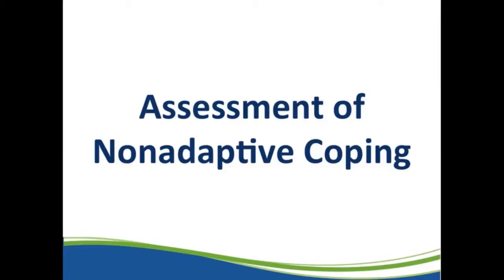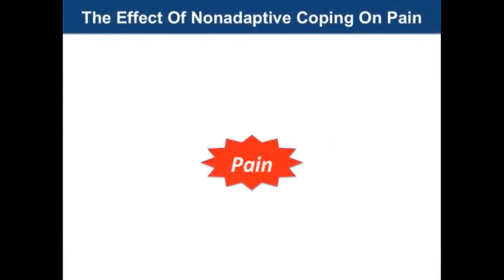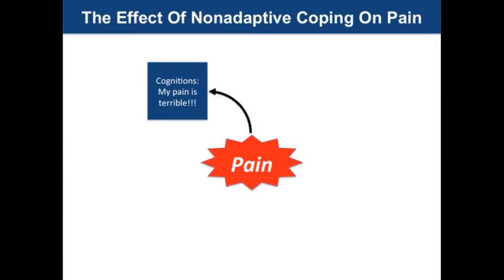Let's think about non-adaptive coping and how a person's cognitions about pain alter a person's response to a painful injury. If you look at the graphic here on the screen, you can see that in response to pain, some people may respond with catastrophized cognitions. My pain is horrible. It's unbelievable. I can't stand it.